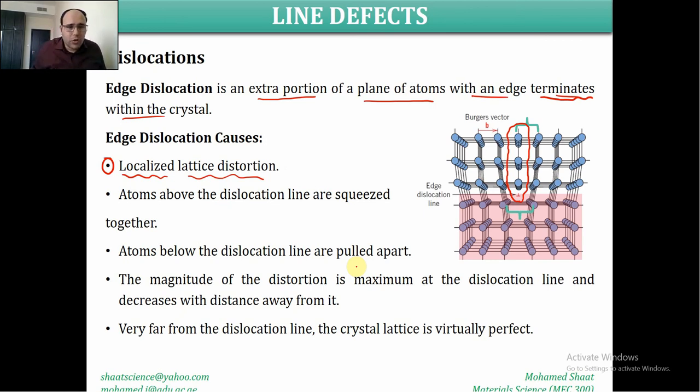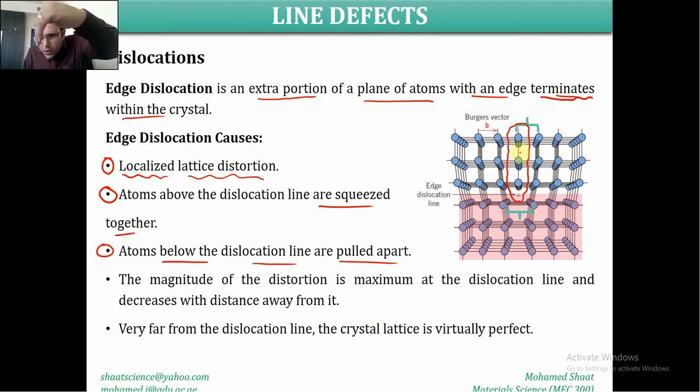Also, an edge dislocation results in atoms above the dislocation line being squeezed together, while atoms below the dislocation line are pulled apart. What does this mean? For example, assume that these lines represent strings or springs, to be more accurate. When you try to squeeze this plane of atoms in the middle, what should happen to these springs between the atoms?